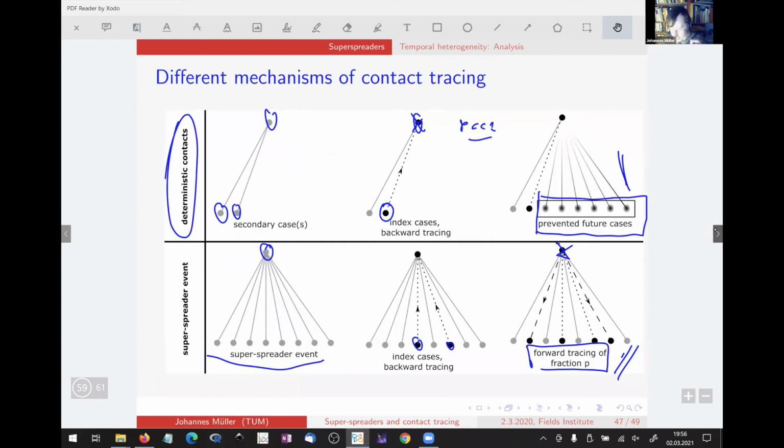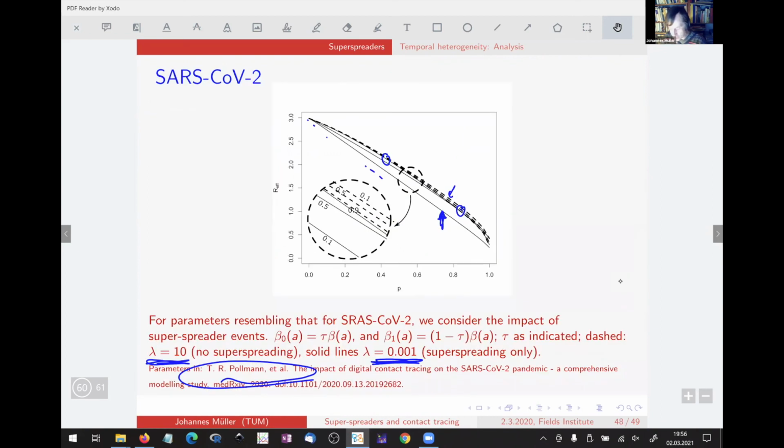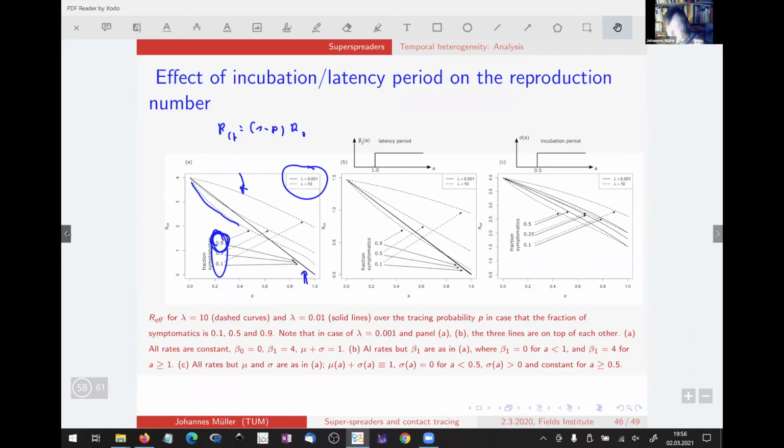Yes, that was in COVID-19. Yes, this one, unless you have lots of super spreaders. I jumped over it due to time. Thanks for the question, but I can go also to these two graphs. So we should understand that.